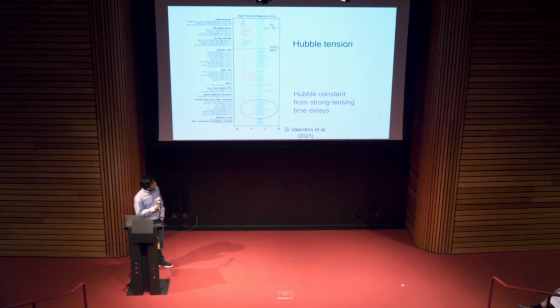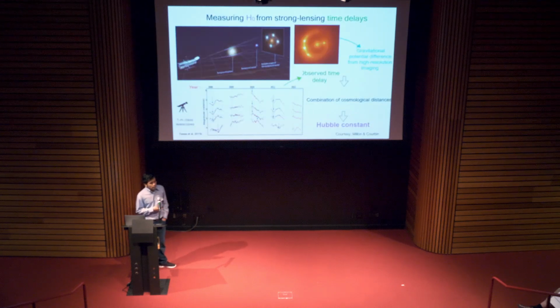So how do we use the strong lensing method to measure the Hubble constant? To apply this method, we need a strong lens system where there is a deflector, such as a massive galaxy in the foreground, and a time-varying source, such as a quasar or supernova in the background.